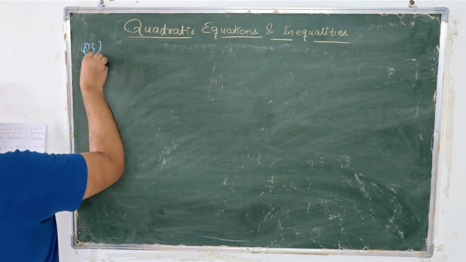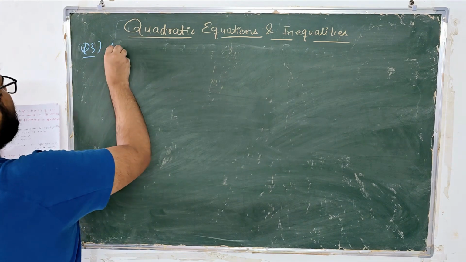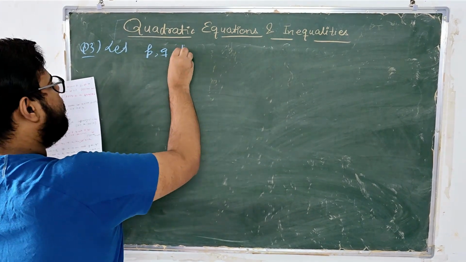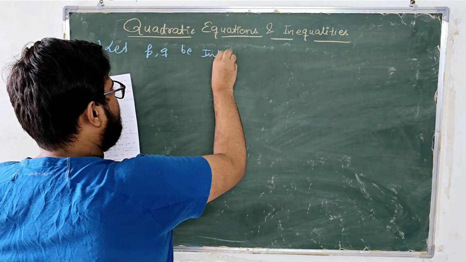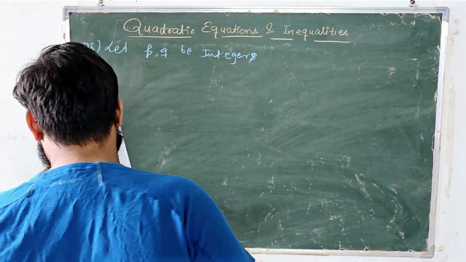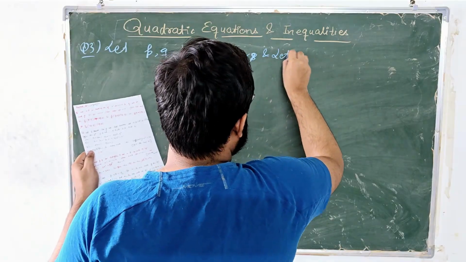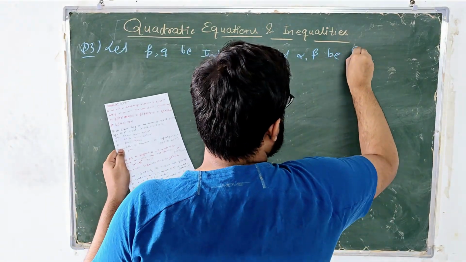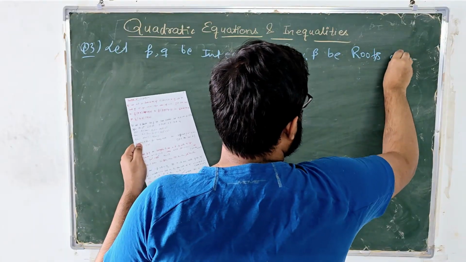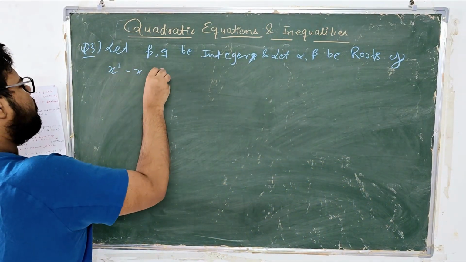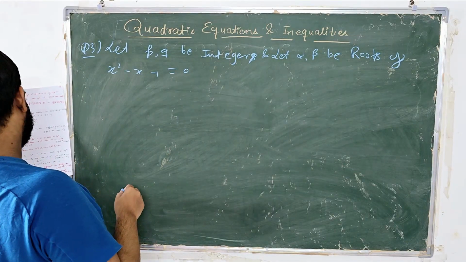Question number 3. Let p, q be integers. They are integers, and let alpha comma beta be roots of x square minus x minus 1 is equal to 0.